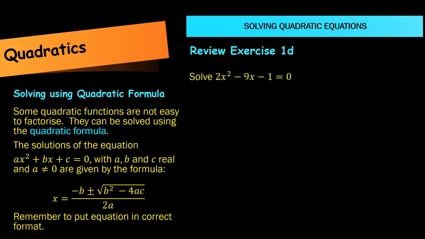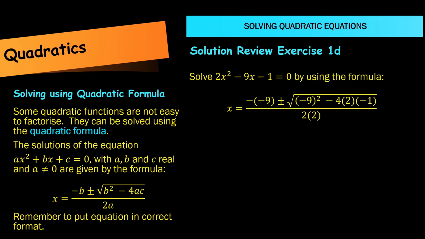So now let's have a look at review exercise 1D. We have 2x squared minus 9x minus 1 equals 0. So let's solve this. We can find x by plugging into the quadratic formula. We plug b in here and here as shown.